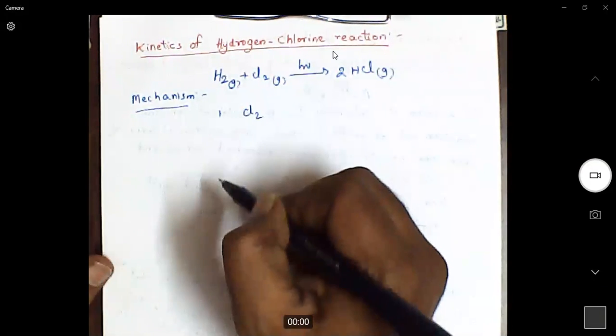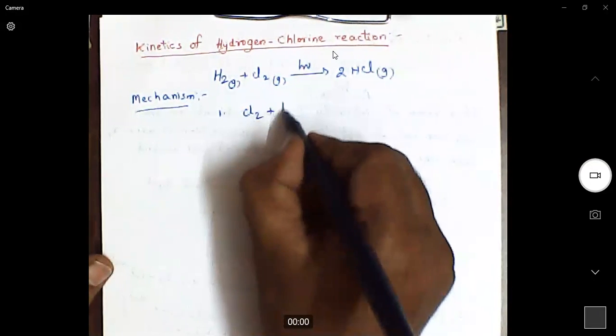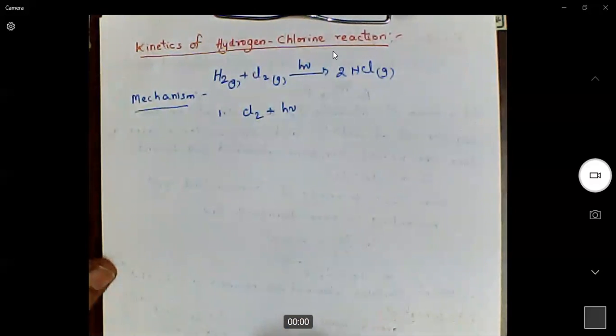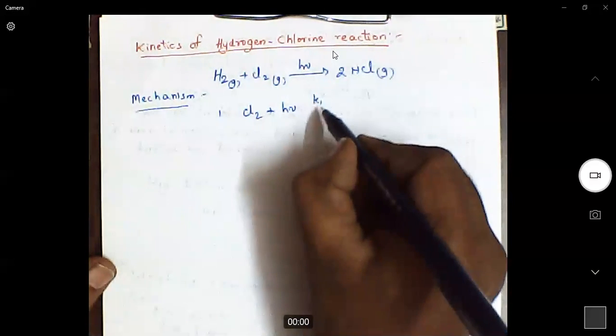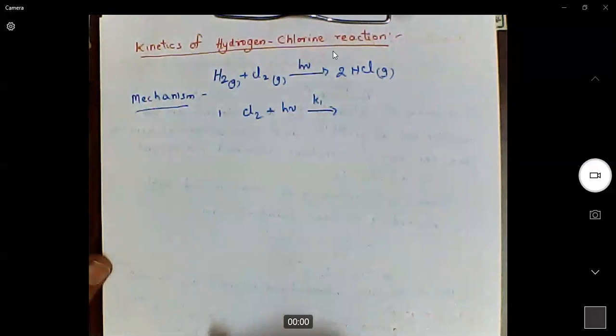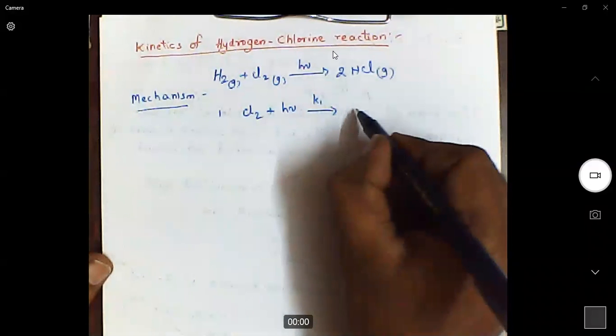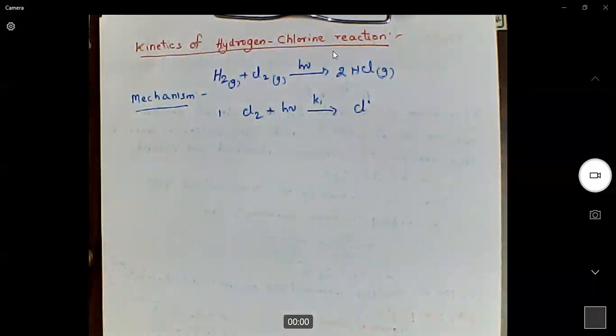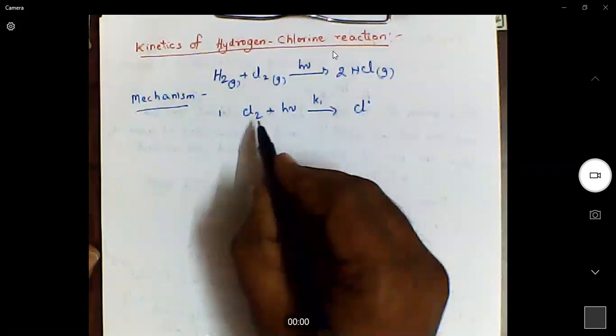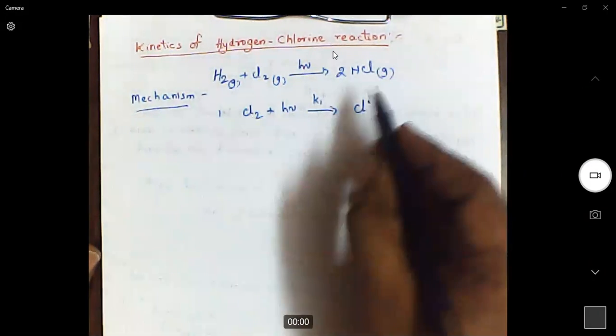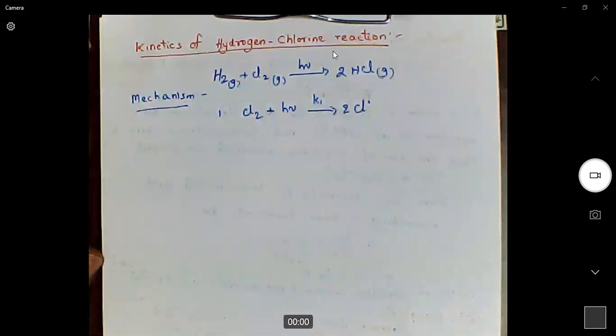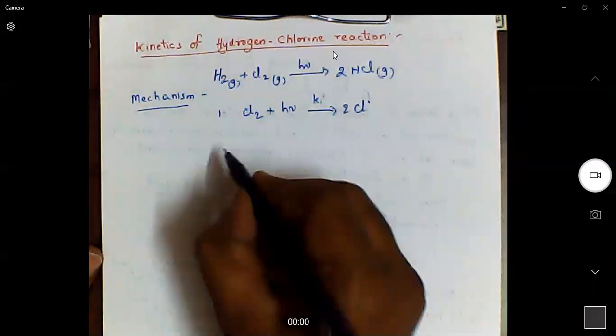In the first step, chlorine gas will absorb light and it becomes chlorine radical. Here there are two chlorine atoms in the chlorine molecule, so we will get two chlorine radicals.